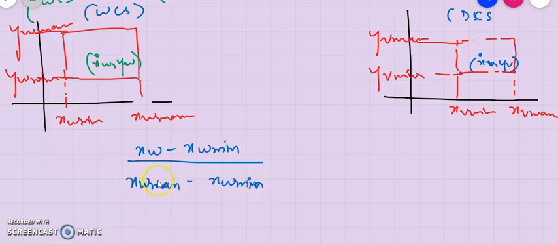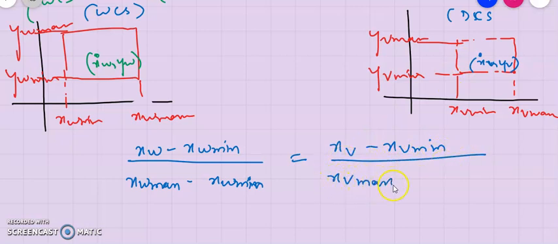So what is this that I'm trying to write? I'm trying to write the point coordinate that is given to us with relation to my lower left x value, upon the x extent of my window, that is XW max minus XW minimum. This gives me one ratio for the window in terms of the point that I have, that has to be equal to the relative proportion of my output XV minus XV minimum upon the viewport x extent XV max minus XV minimum, right?